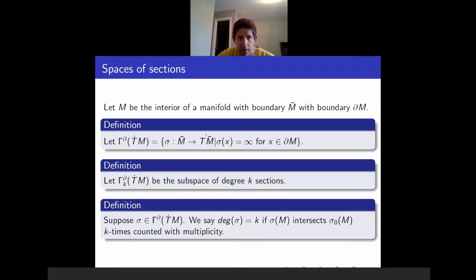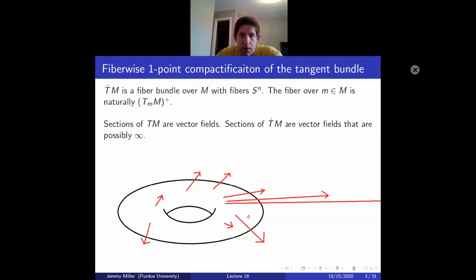And last time we defined the degree of a section as the signed intersection number of the section with the zero section. So a section is this vector field that sometimes is infinity, and what you do is you count how many times the vector field is zero, and that's the degree.